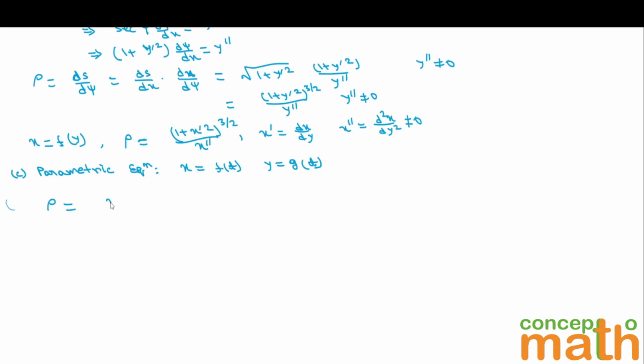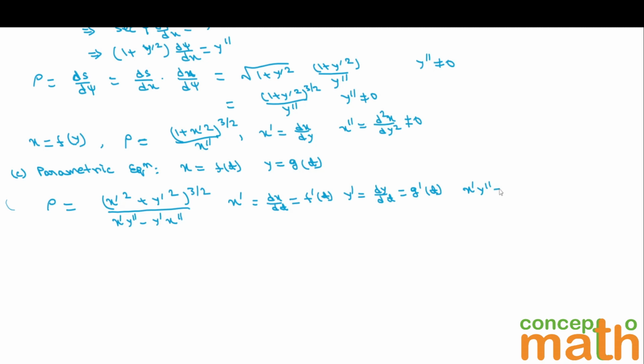This will simply be x dash square plus y dash square whole to the power 3 by 2 divided by x dash y double dash minus y dash x double dash, where x dash means dx dt, which is basically f dash t, and y dash is dy dt, which is basically g dash t, and x dash y double dash minus y dash x double dash does not vanish.